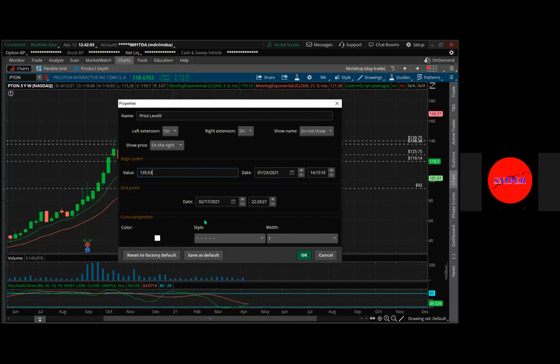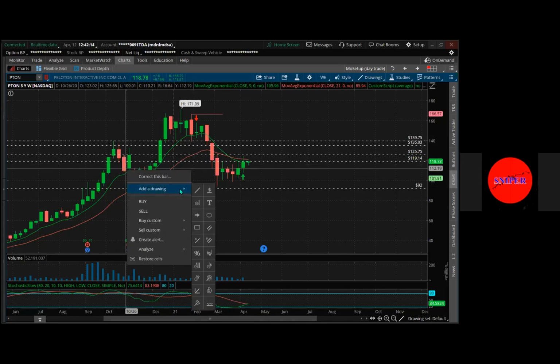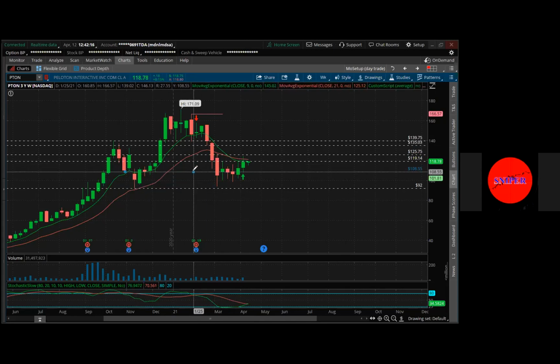Just try to edit the property and put the price level on the price you saw. That way it's as accurate as possible. And also this low right here, 123.02. No, that's not it, 109 is the level.